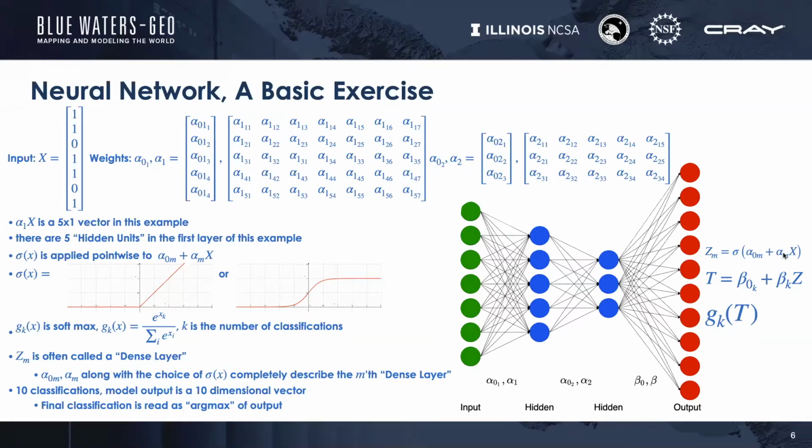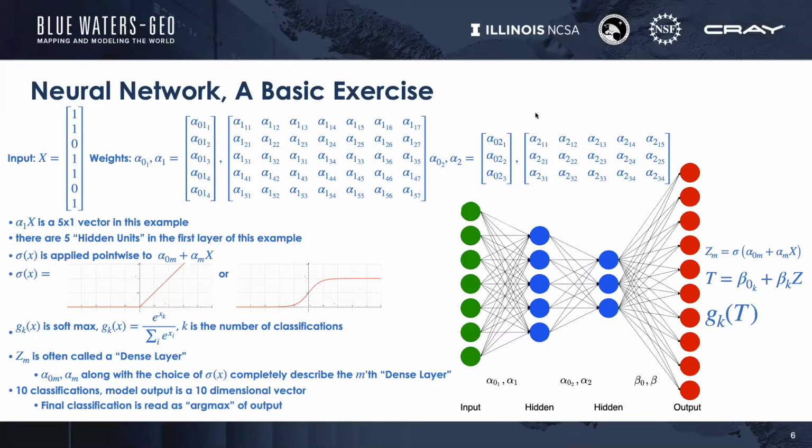Okay, and so what we say is that our choice here, in this example, was to have 5 hidden units in this first layer, which just means that there are 5 rows in our weight matrix. And because we have the freedom to design this model any way we want, I chose to add a second hidden layer with only 3 hidden units.